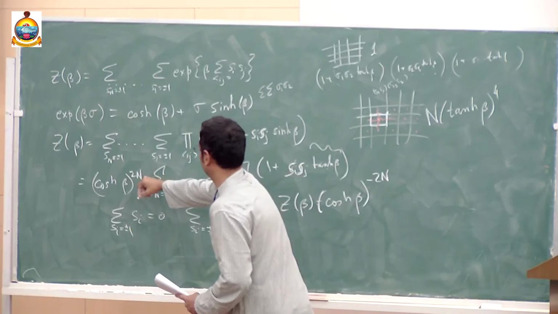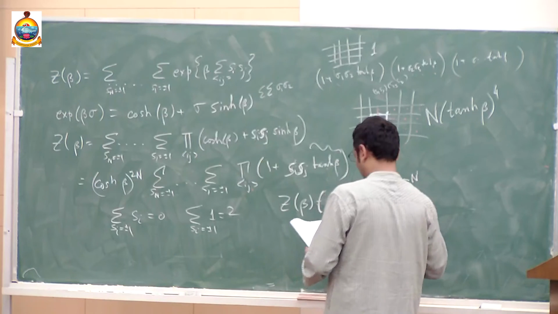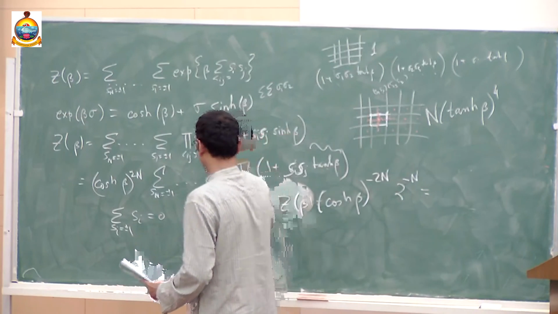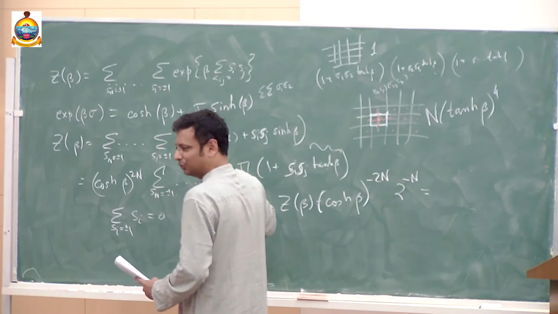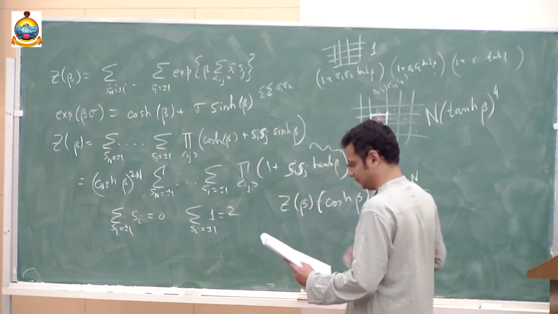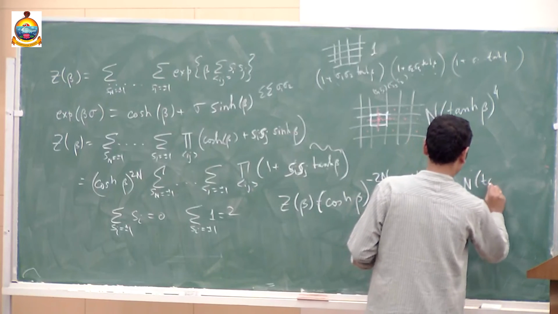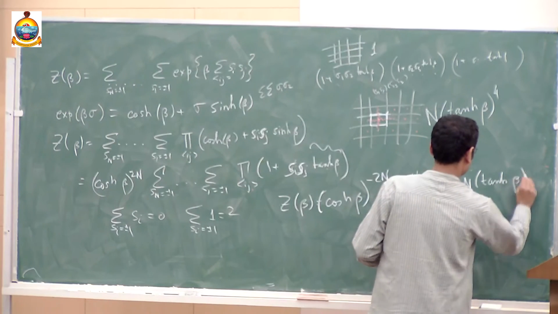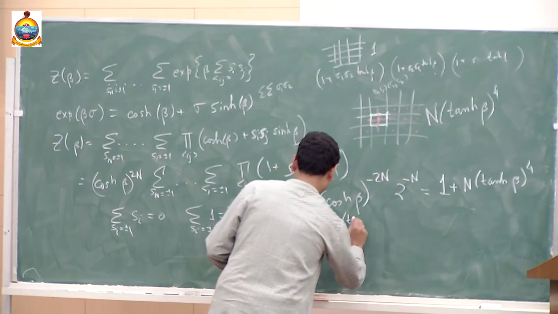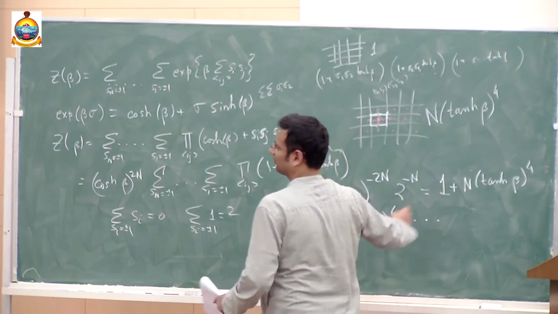So this is clear because this factor goes on that side. There's another factor 2 to the minus n. Why is it there? Because when you have closed loops, everything becomes 1, and then you keep tracing it. So you get a 2 each time, and there are n spins, so you get 2 to the power n, and you just pull it on this side. Plus dot dot dot.